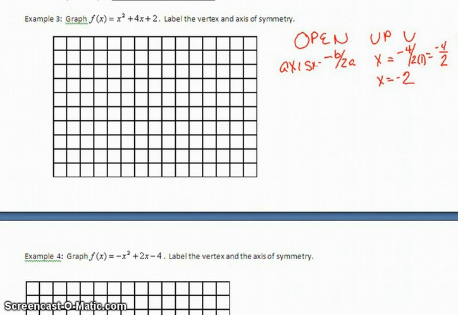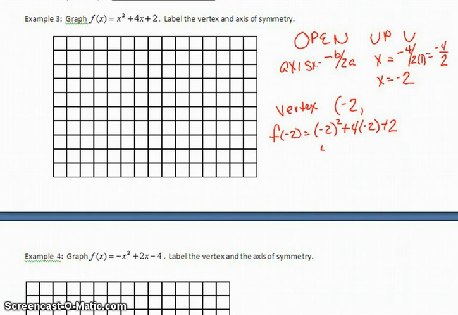My vertex is, well, I know the x is negative 2, so I need to see what happens when I input negative 2 to determine the y value of that coordinate. So f of negative 2 equals negative 2 squared plus 4 times negative 2 plus 2.